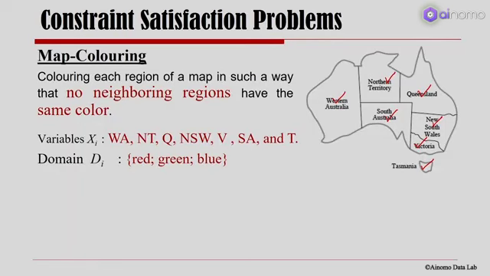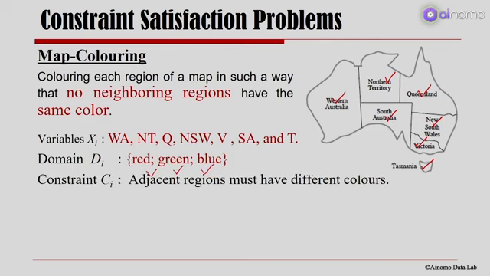So we would have a domain of 3: red, green and blue. Now if we look at the constraint for this problem, it is that any 2 adjacent regions must have different colors.